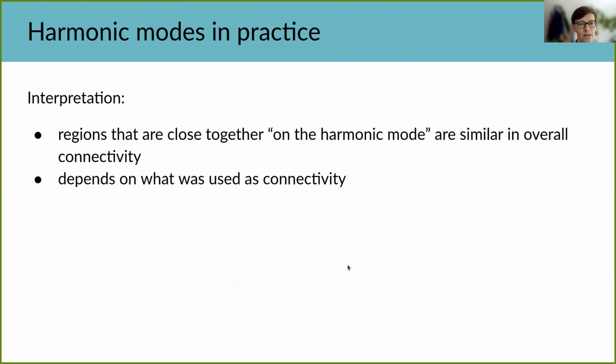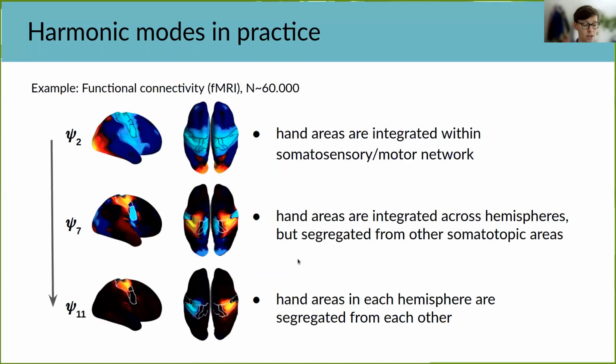Okay, so as I already said, what you find will depend on the connectivity that you used for your graph. And to make this a little bit clearer, here is an example from using functional connectivity. So in this case, the nearest neighbors are defined in terms of who has the highest correlations and not who has the most fibers between them, as before in the example.